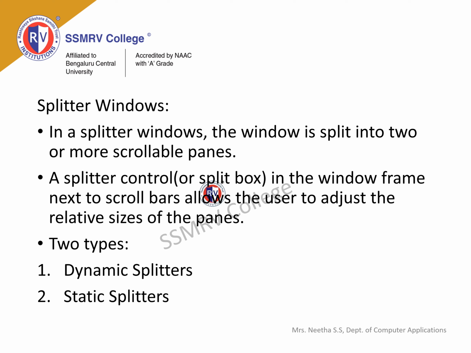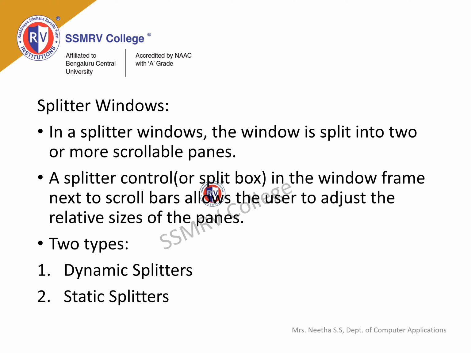In a splitter window, the window is split into two or more scrollable panes. A splitter control or split box in the window frame next to scroll bars allows the user to adjust the relative sizes of the panes. Each pane is a view on the same document. We have two types here, dynamic splitters and static splitters.